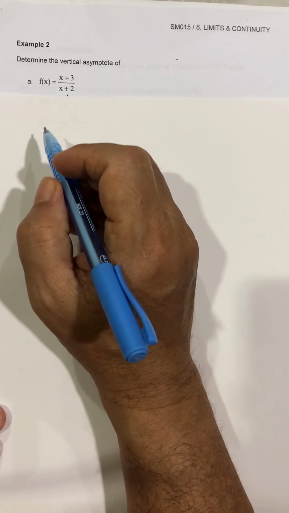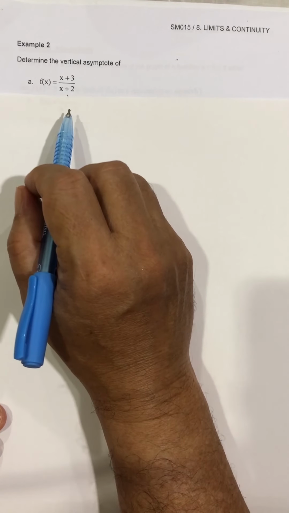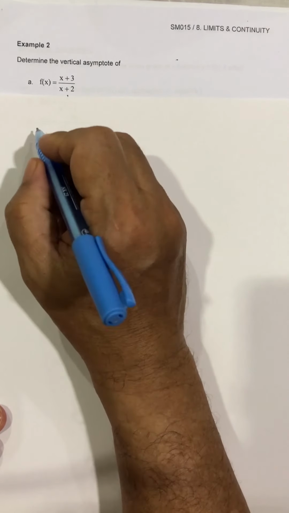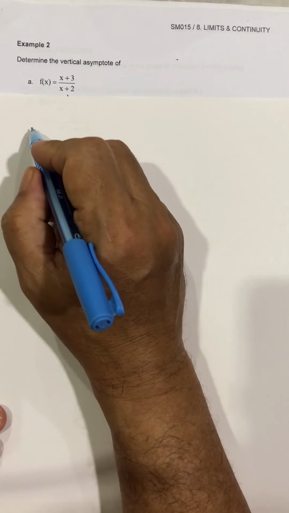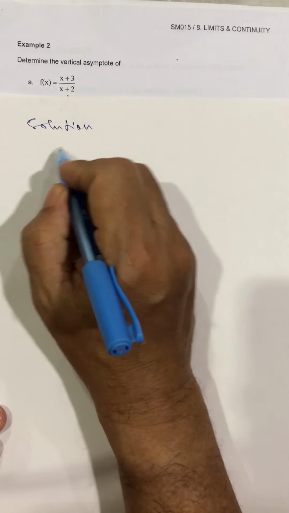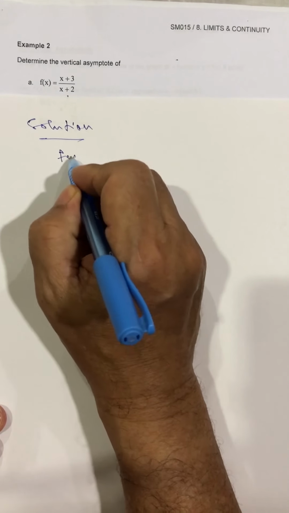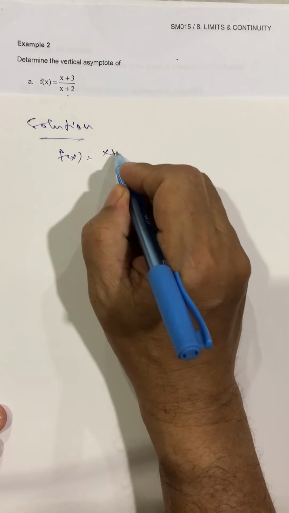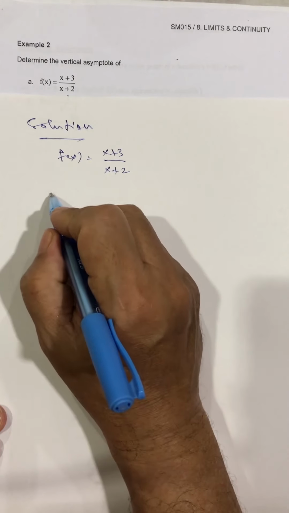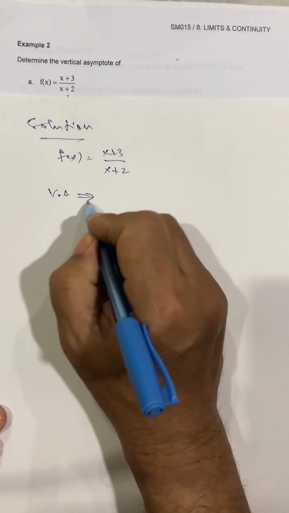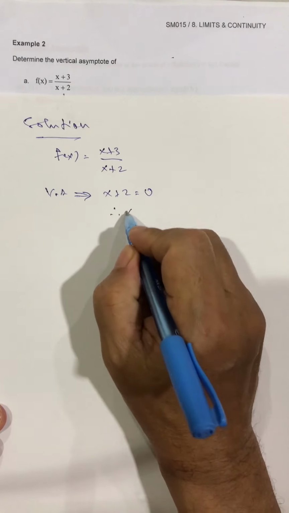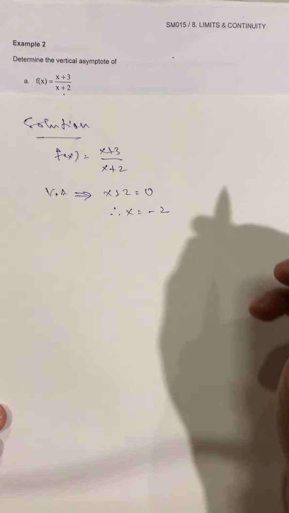Now we look at example 2. Determine the vertical asymptote of f(x) equal to (x plus 3) over (x plus 2). So the solution is: to find the vertical asymptote, we take x plus 2 equal to 0, so x is equal to negative 2.